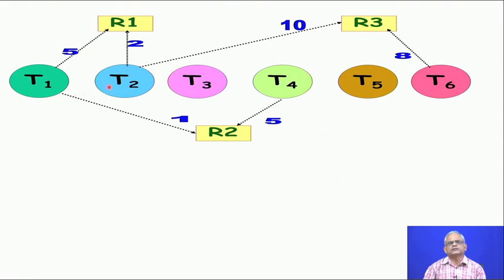And similarly, T2 will not be allowed to use resource R1, because its priority is not greater than the ceiling priority of R3. So, we can represent that in the form of a table.